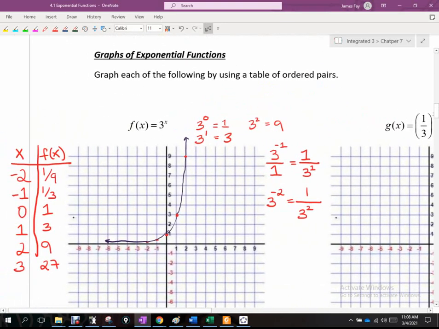Now, I'm going to go to Desmos here real quick to show you that cleaned up.